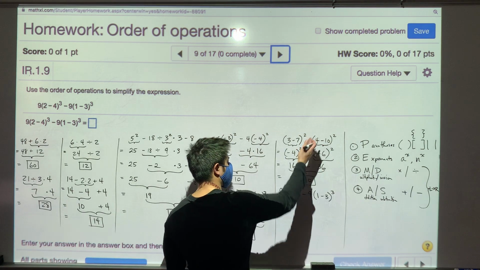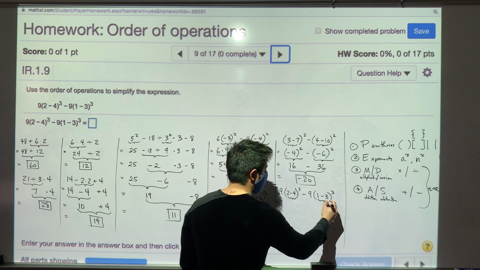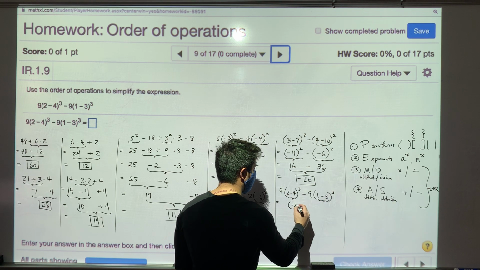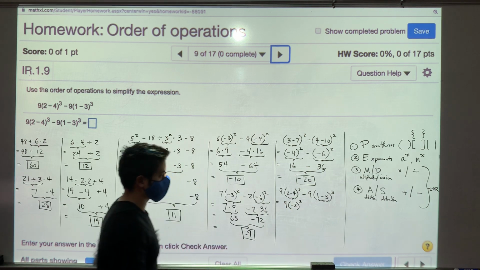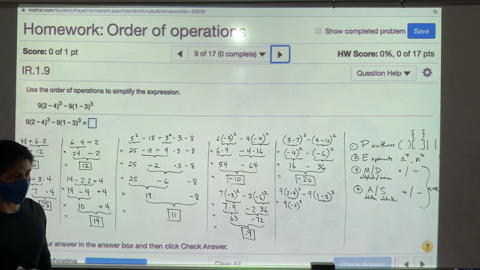So, just like the previous problem, I am going to do the stuff in the parentheses first. 2 minus 4 is negative 2. And I'm just going to bring down everything else that has nothing associated with it but needs to be attached to it.